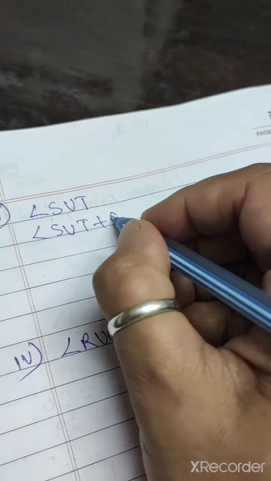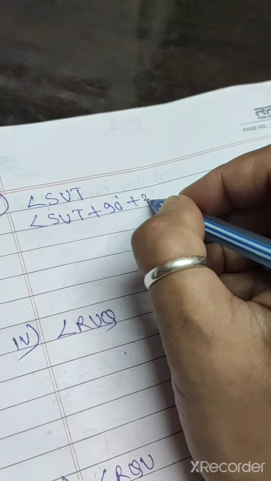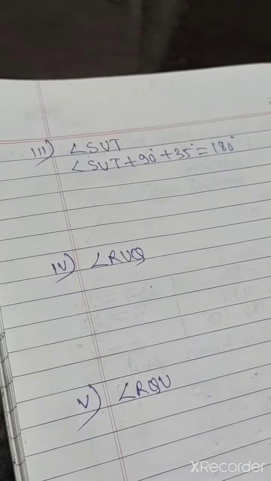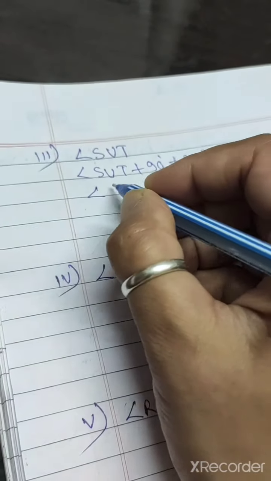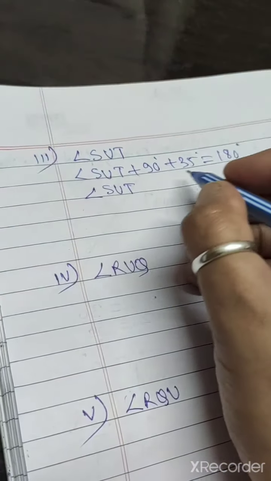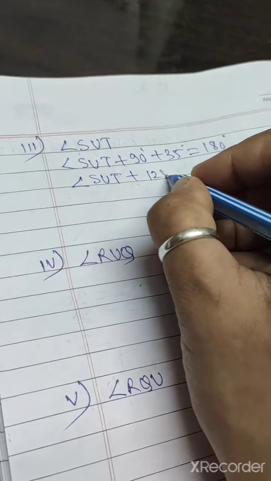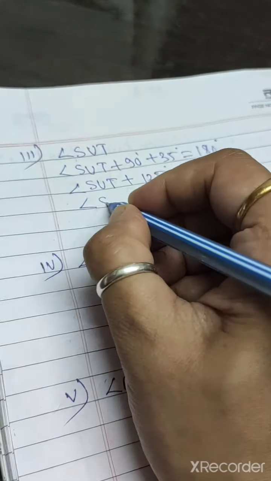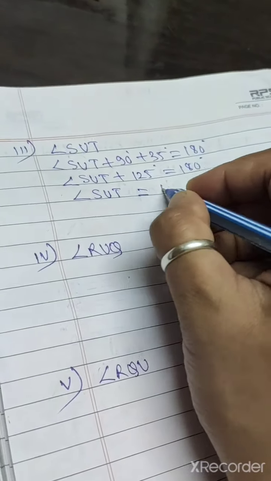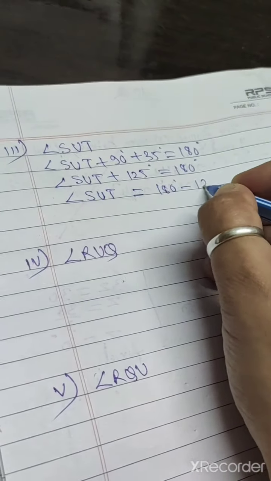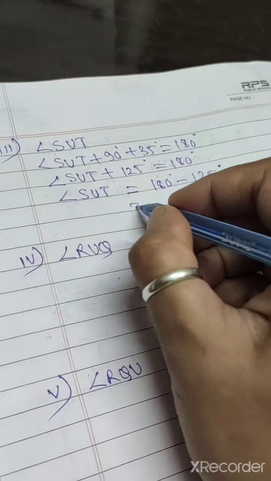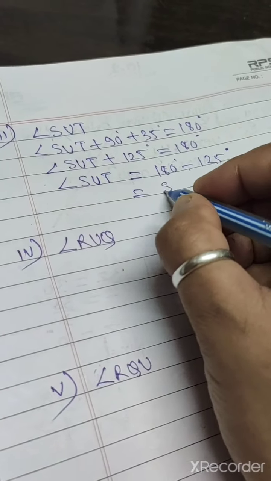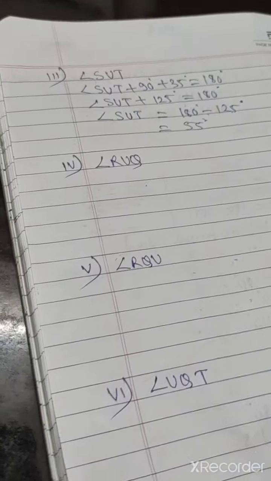SUT plus 90 degree plus 35 degree is equal to 180 degree by angle sum property. So angle SUT, 90 plus 35, 125 is equal to 180 degree, or angle SUT is equal to 180 minus 125 degree. So 180 minus 125 is 55 degree.